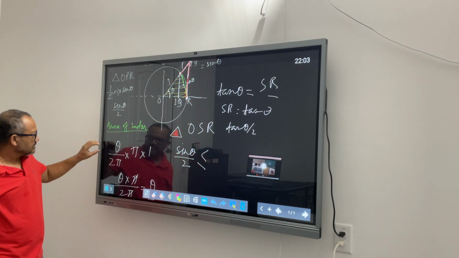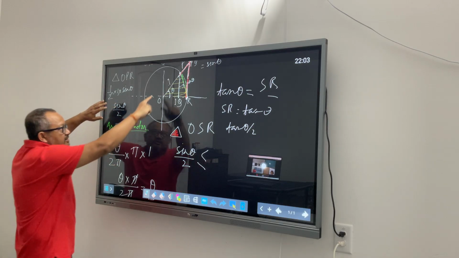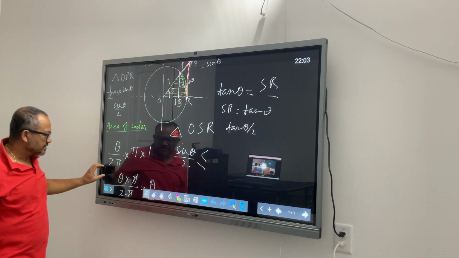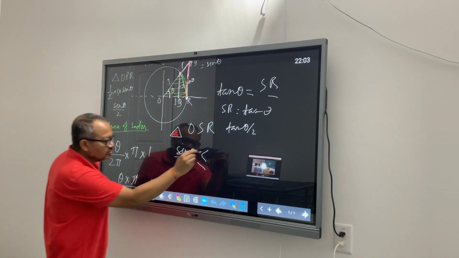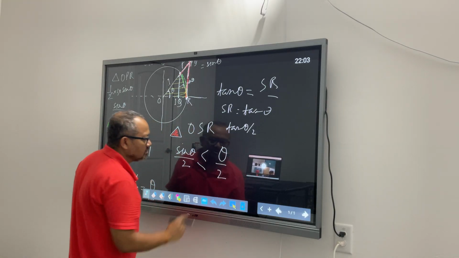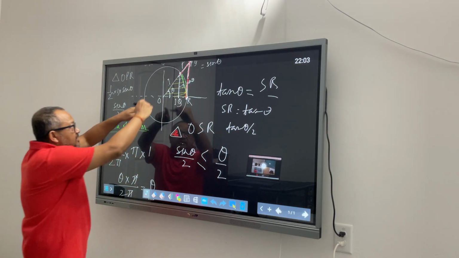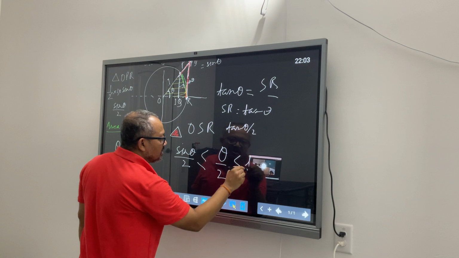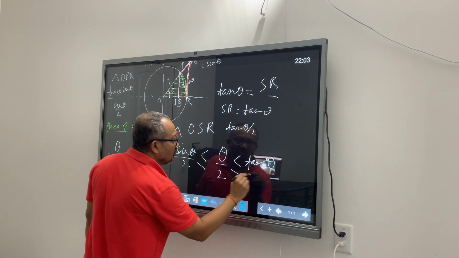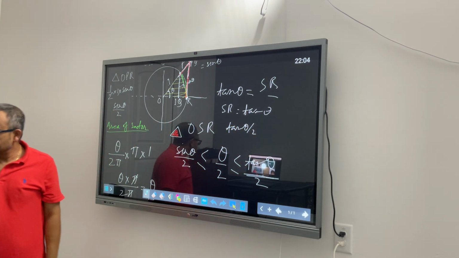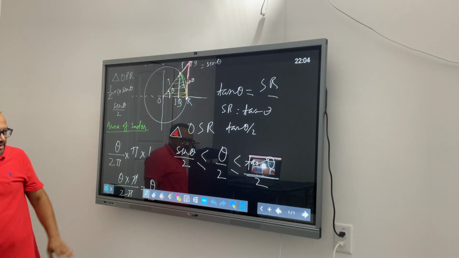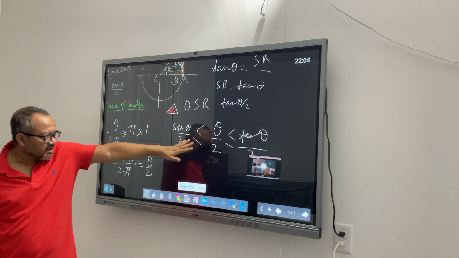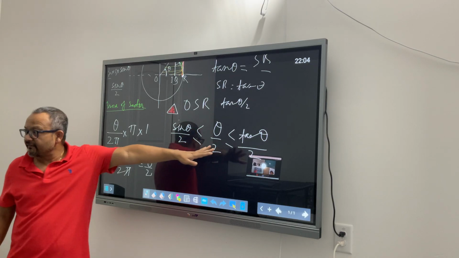Sin theta by 2 is less than or equal to this sector's area, which turned out to be theta over 2. And that is less than the larger triangle's area, which turned out to be tan theta over 2. Yeah? We are getting closer to relating that with the Squeeze theorem. We are actually in a situation where we have the Squeeze theorem now.